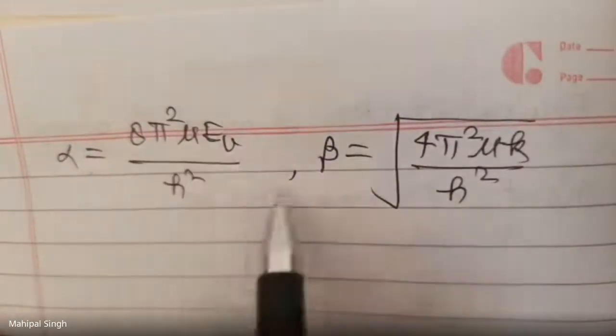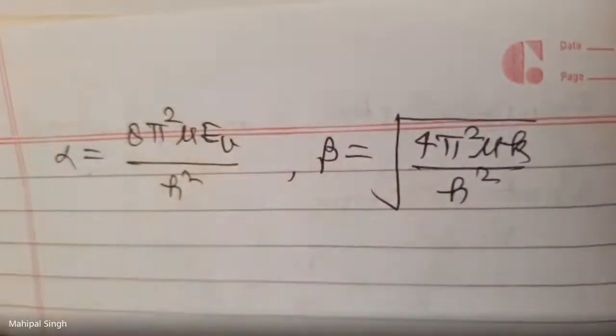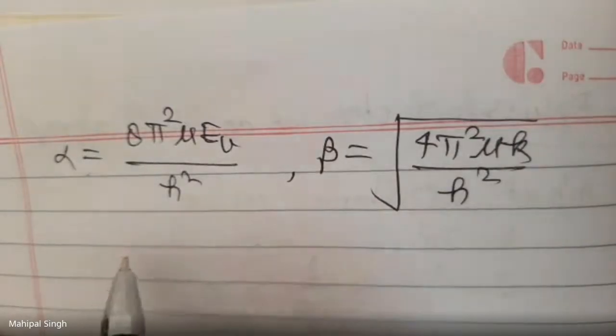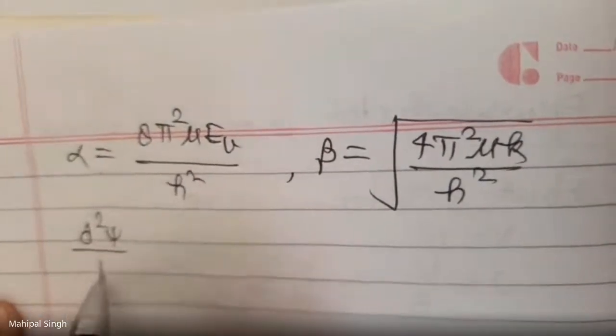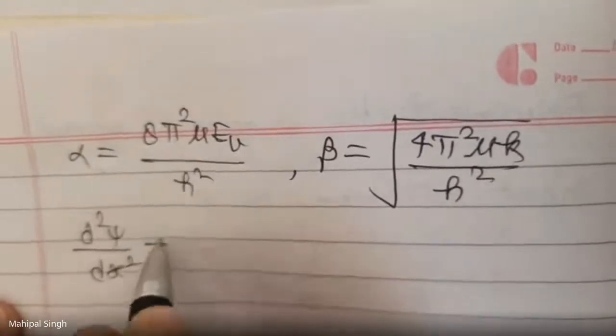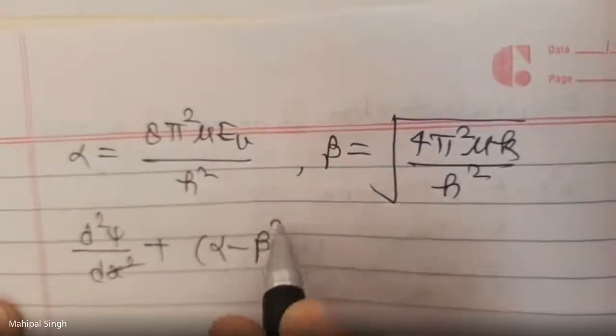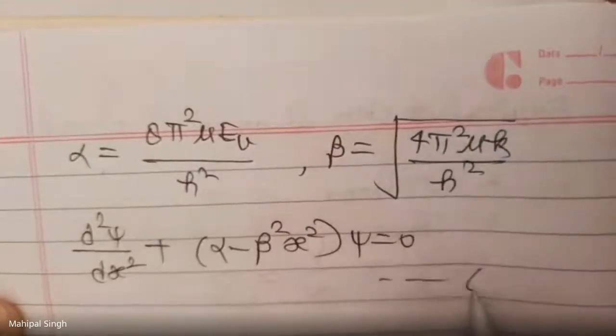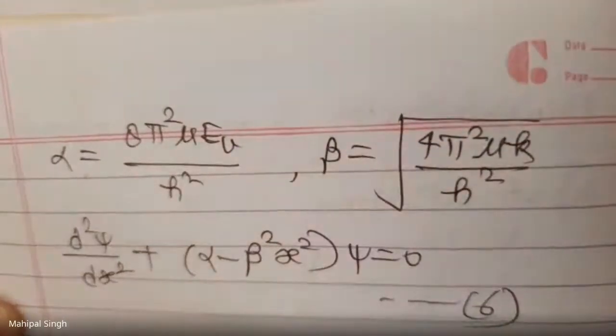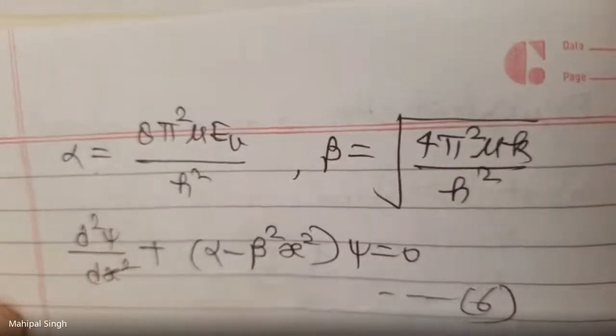Putting these values in the Schrodinger wave equation, equation 5, we have d2 psi by dx square plus (alpha minus beta square x square) psi equal to 0. This is equation number 6. Now the Schrodinger wave equation is reduced to this form.